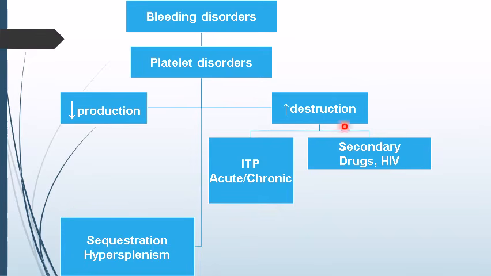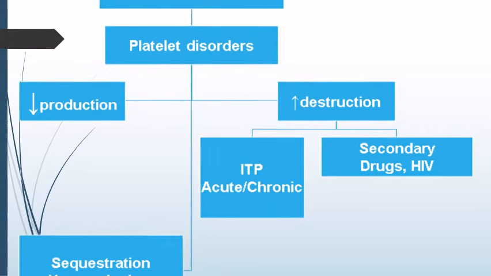Another cause of thrombocytopenia is increased platelet destruction. That is to say, the formation of platelets in the bone marrow is working well, but there is extra damage to the platelets in the circulation. Increased destruction is either due to immune mechanisms, the most common cause being idiopathic thrombocytopenic purpura, or due to secondary causes, maybe drugs, maybe HIV infections, and others.